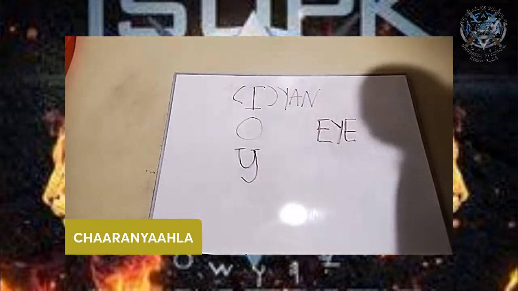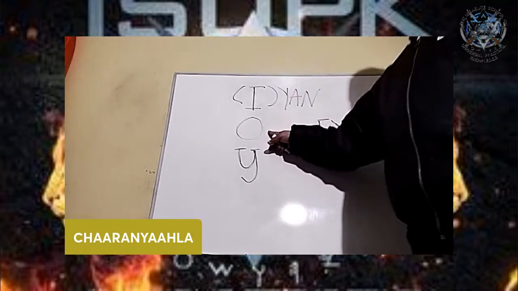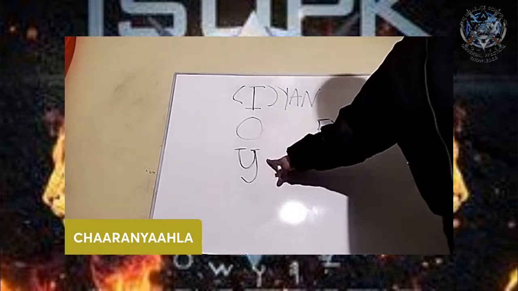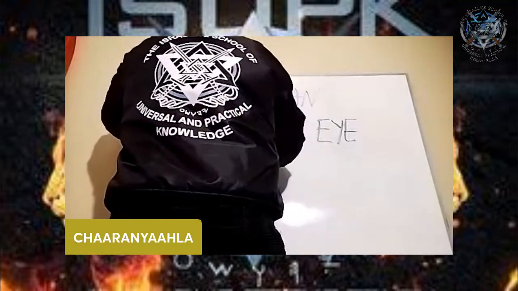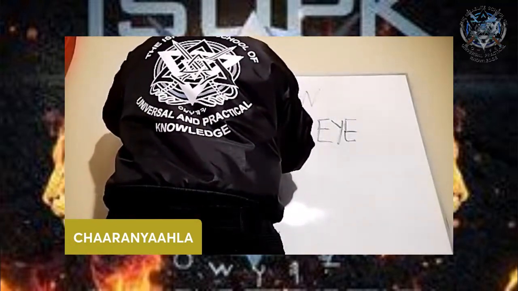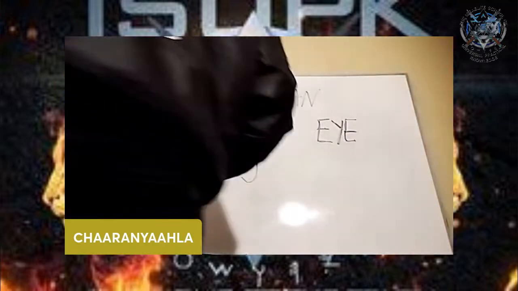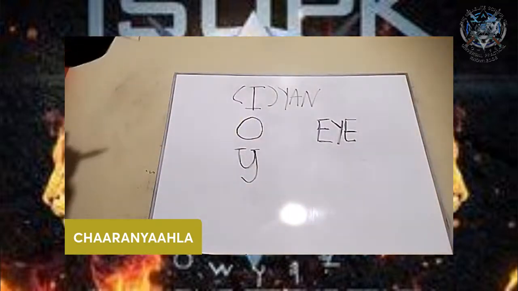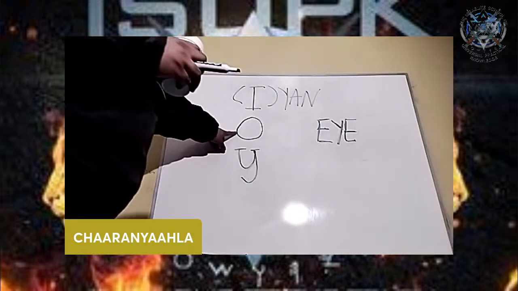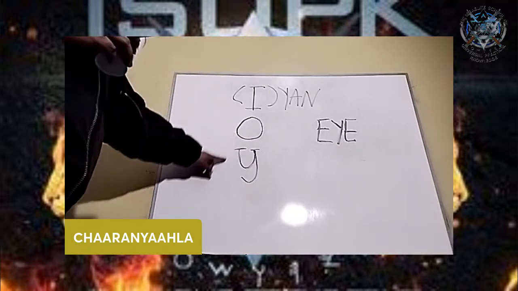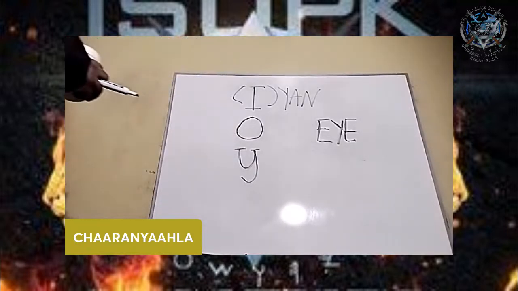I, short for Ayan, ancient I, Assyrian I. All right. I, Ayan, ancient Assyrian, which is the symbol of an eye.